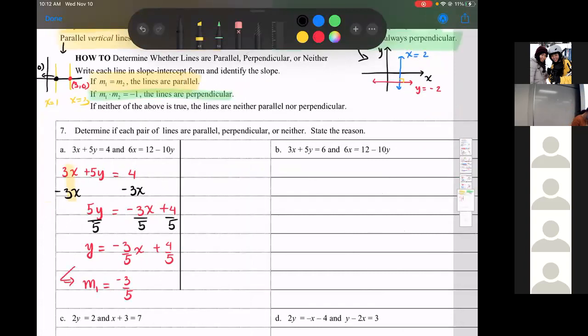And then the other one, I'm going to write in blue: 6x equals 12 minus 10y. I still have to solve for y, so I'm going to subtract 12, so that I have 6x minus 12 equals -10y. What do I do next?